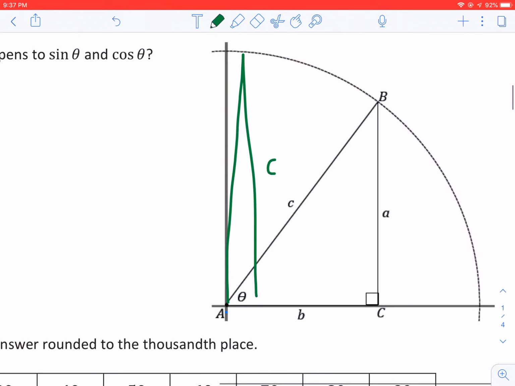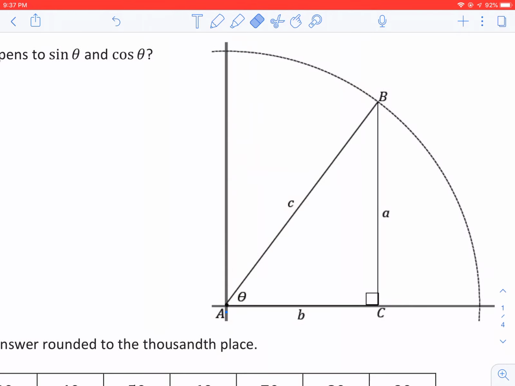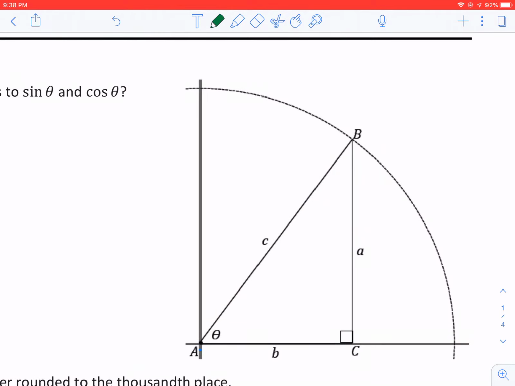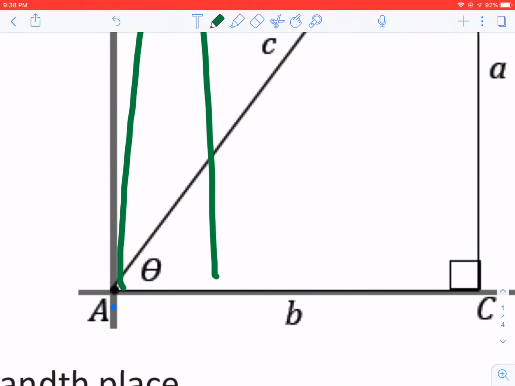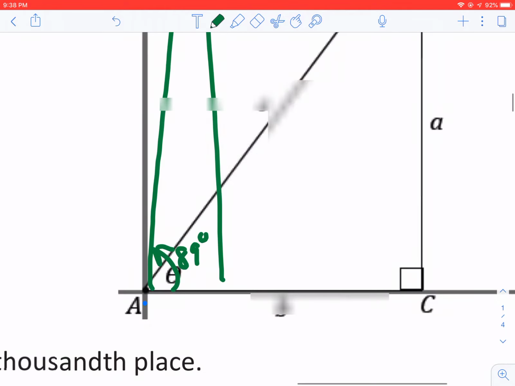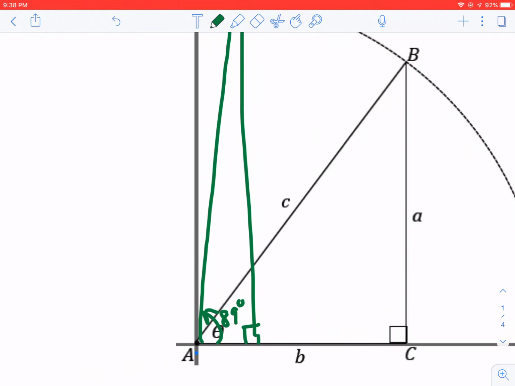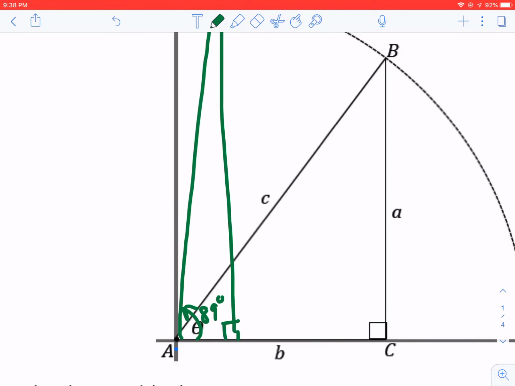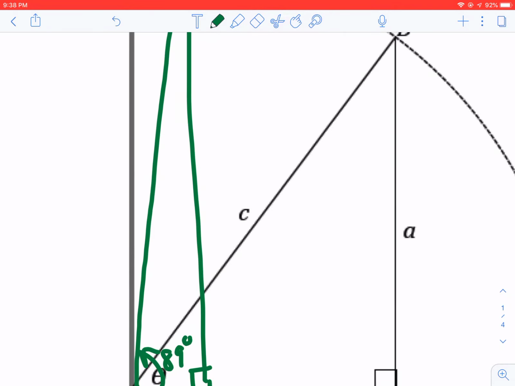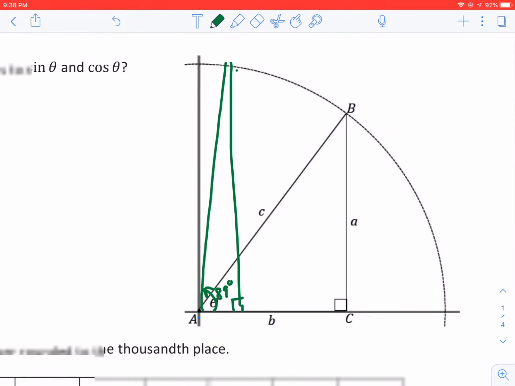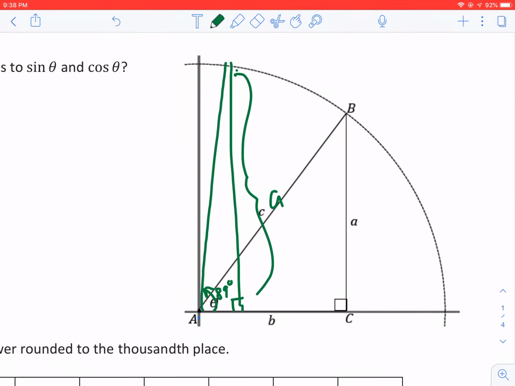And when my angle now is very big, let me draw out a proper right triangle. When my angle theta is very close to 90 degrees, let's say this is like 89 degrees, for example, our value of A, well, that's really close to being the same thing as the value of C, which is the radius.